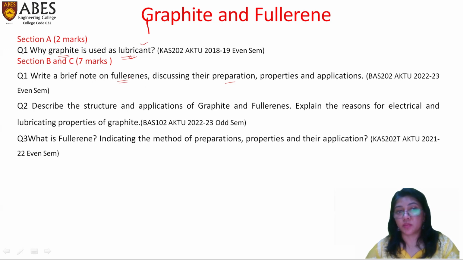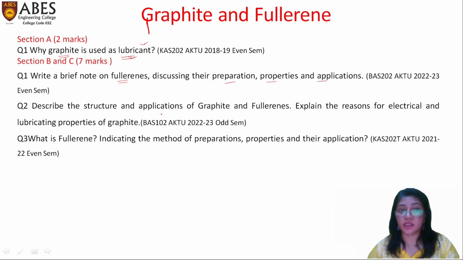Initially, we'll explain what fullerenes are, then give a heading of preparation of fullerenes, in detail. Then we'll give the heading of properties, discussing at least 4 or 5 properties of fullerene, and then the application of fullerene. All these topics have been covered in detail in lecture video 1, unit 1 of ABES CETL videos.